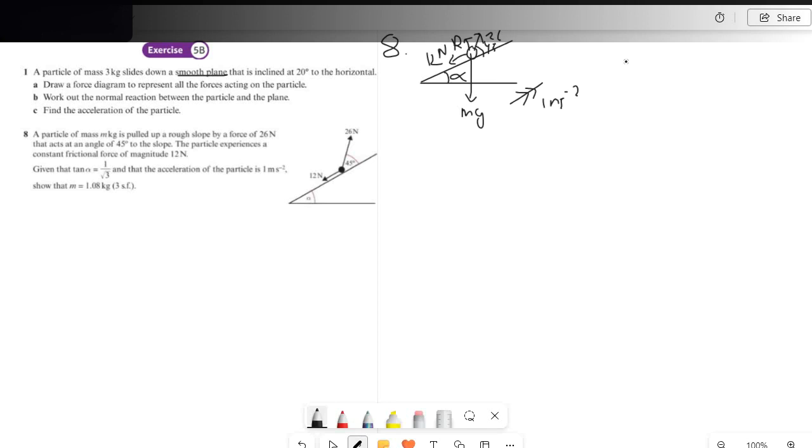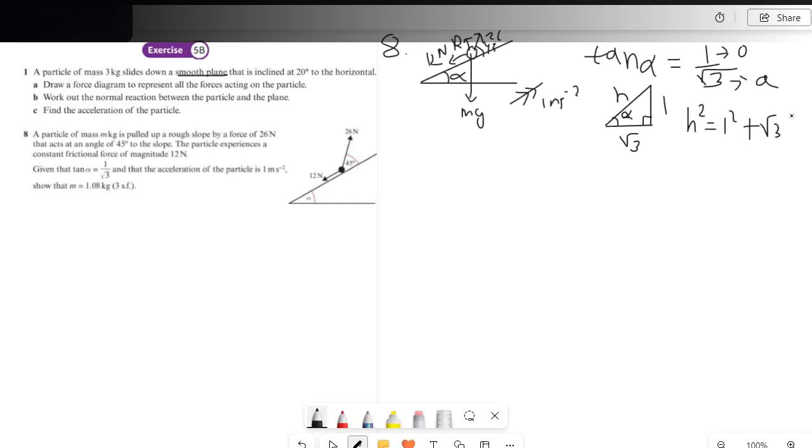And because tan alpha is given as 1 by root 3, we know that tan theta is equal to opposite by adjacent. So if we construct a right angle triangle like this, if this is 90 degrees and if this is alpha, then the opposite should be 1 and the adjacent should be root 3. So using Pythagoras' theorem, we can find the hypotenuse: h squared is equal to 1 squared plus root 3 squared.